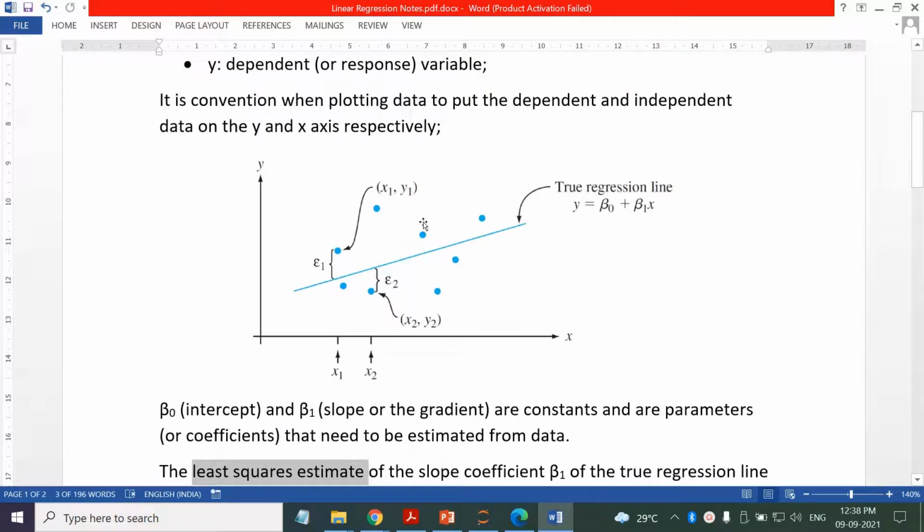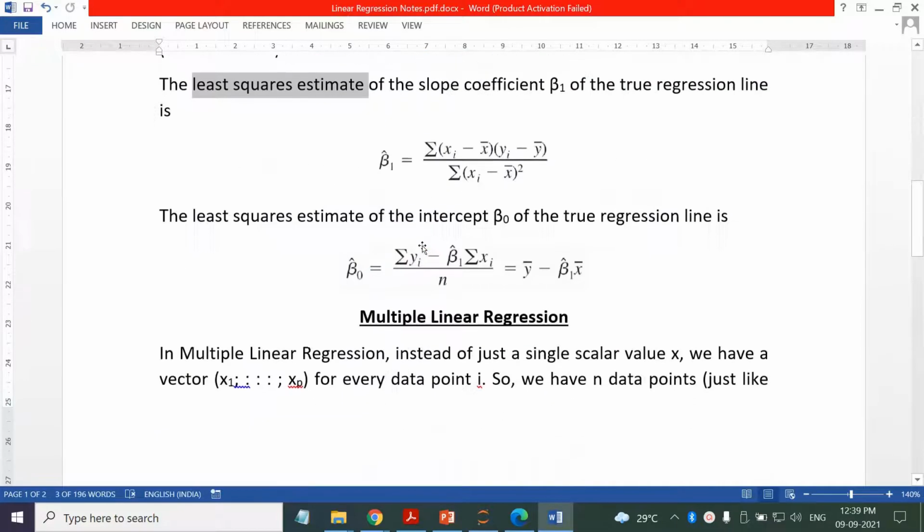Now we observed one thing: this regression line will pass through x bar comma y bar, that is the center of this distribution. The summation of yi, with 1 by n taken common, is y bar, and similarly for the summation of xi.